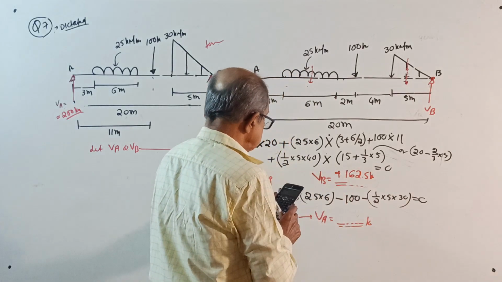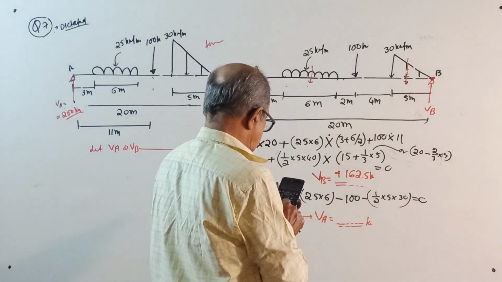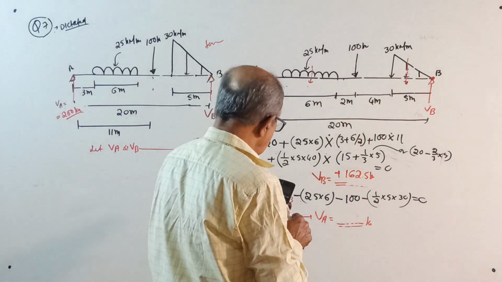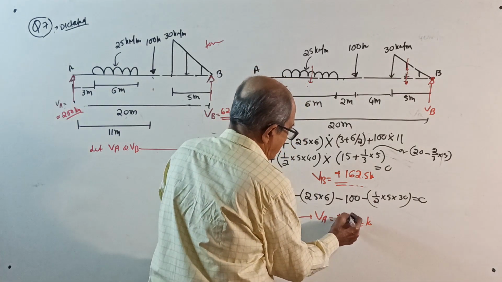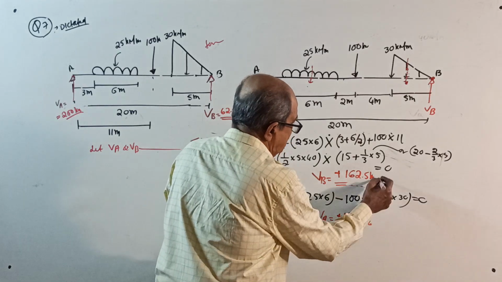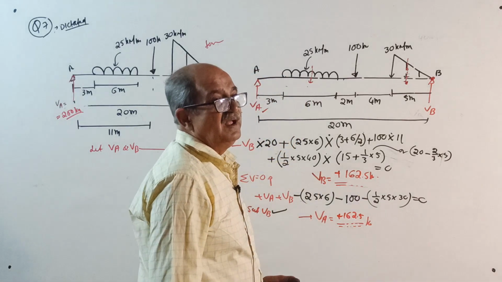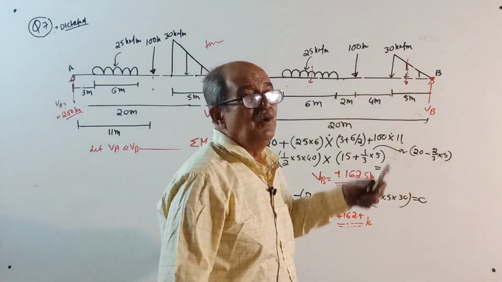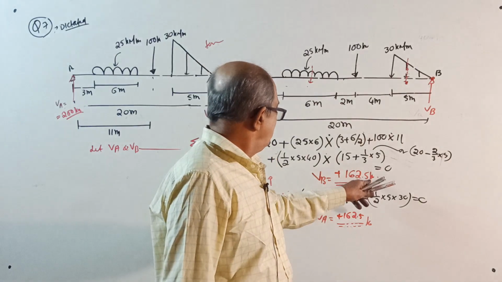This will come 0.5 minus 25 into 6 minus 100 minus half into 5 into 30, is again 162.5. Oh, this is a coincidence. Both reactions came equal. It's a rare coincidence. Such unsymmetrical loading, still it is the same.